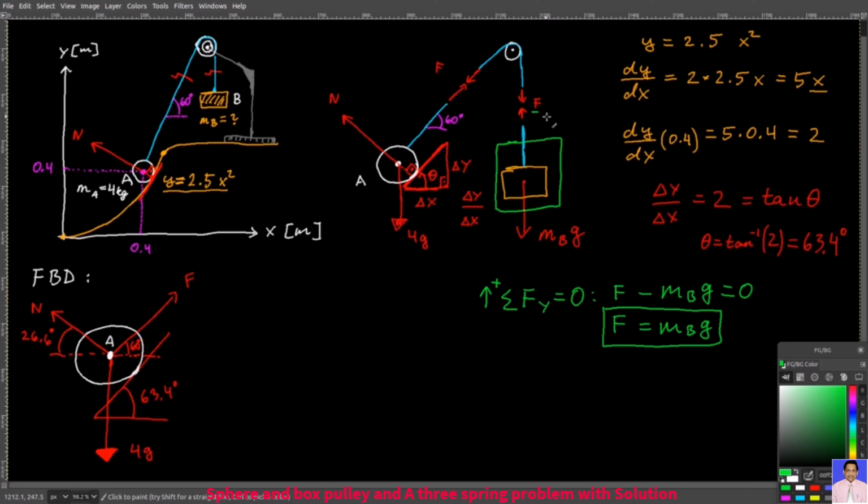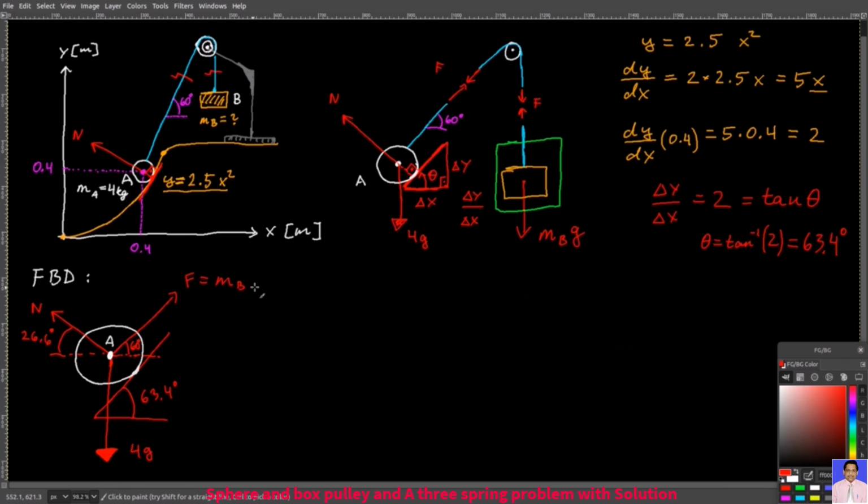And since this F is the same as this F, this one also equals mb times g.